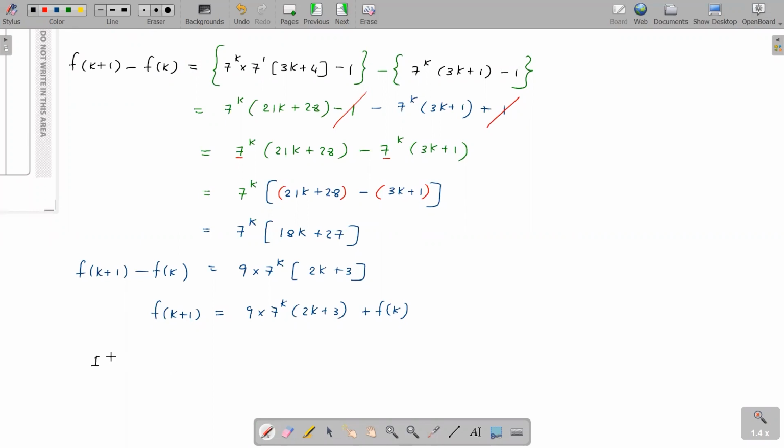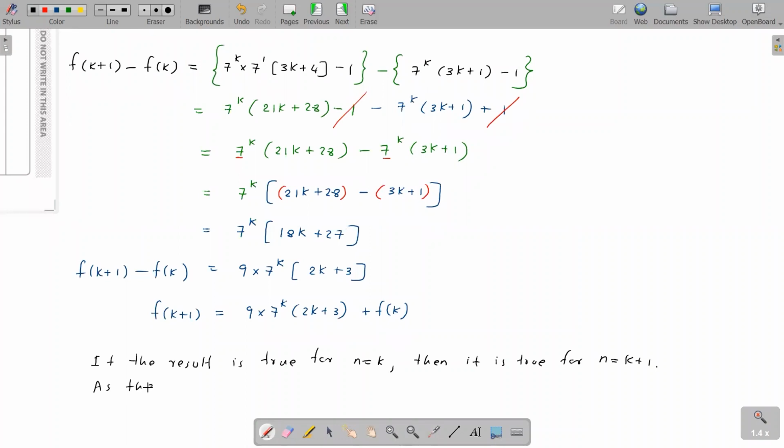So you can say, if the result is true, so you have to give your conclusion. Make sure you give this conclusion. If the result is true for n equals k, then it is true for n equals k plus 1.